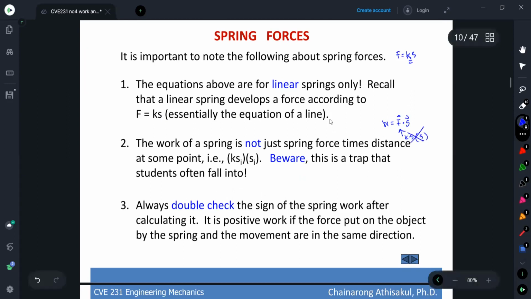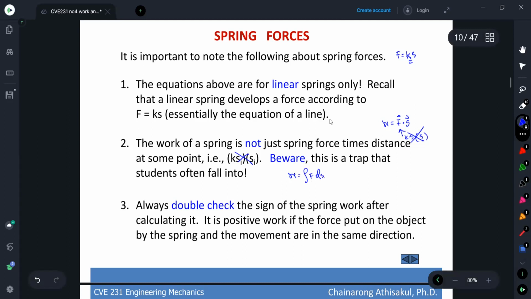That is not correct, because in this case the spring force is not constant, so this term is not correct. We have to determine the work done by the integration of F ds.